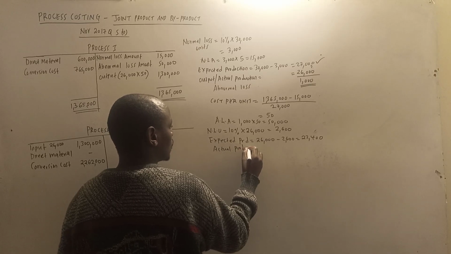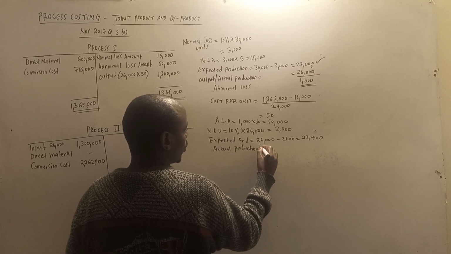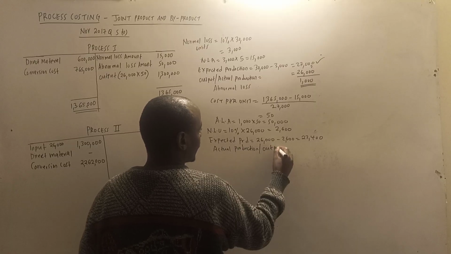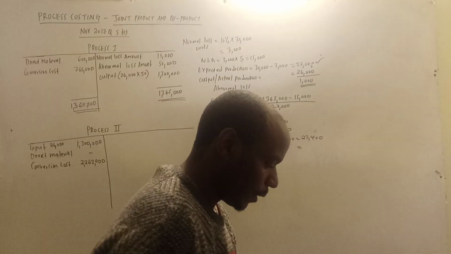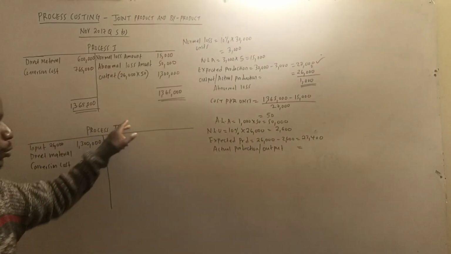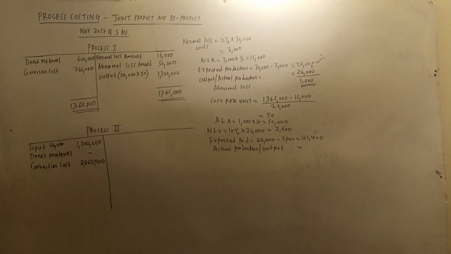Now we compare with actual production or output. So what's our output for process 2? Now let's read information number 2. Output for process 2 is made up of the following items.